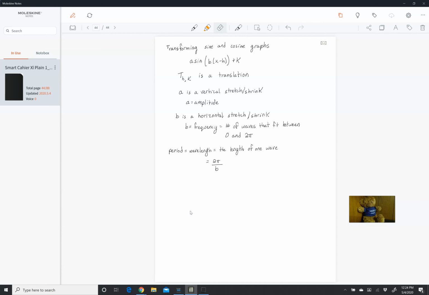This is not in the equation, but it's saying if you have 8 waves that fit between 0 and 2 pi, then one wave is just 2 pi divided by 8.